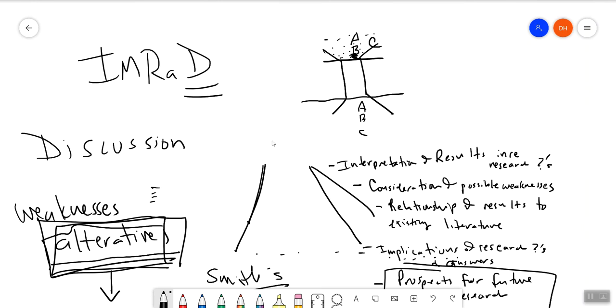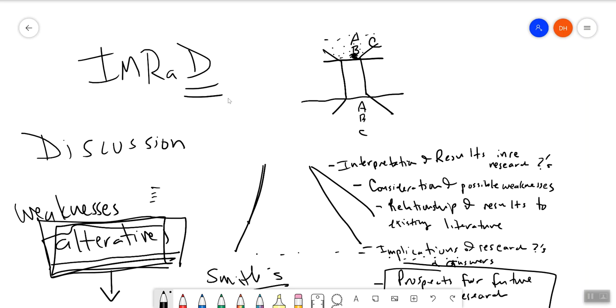Like I said, I hope this is useful because most of your majors are in the natural or social sciences, so this is the model you will be using. And this is the model that I encourage all of you to use.